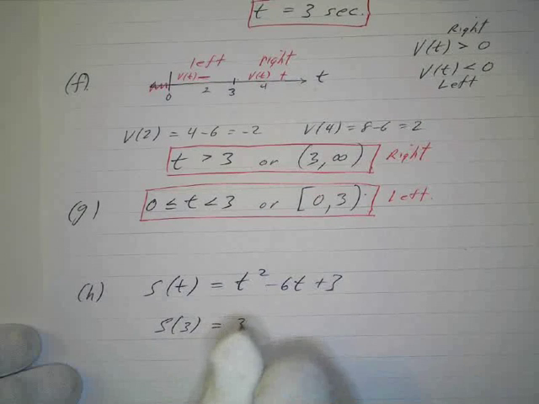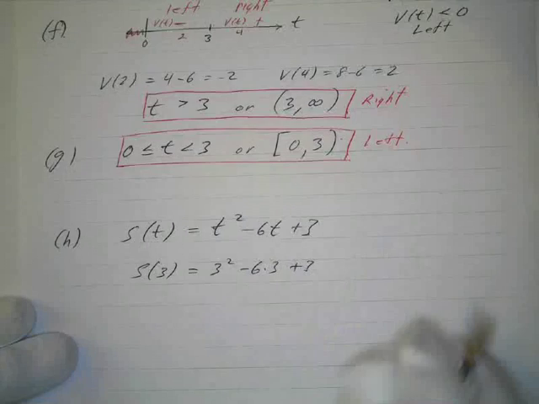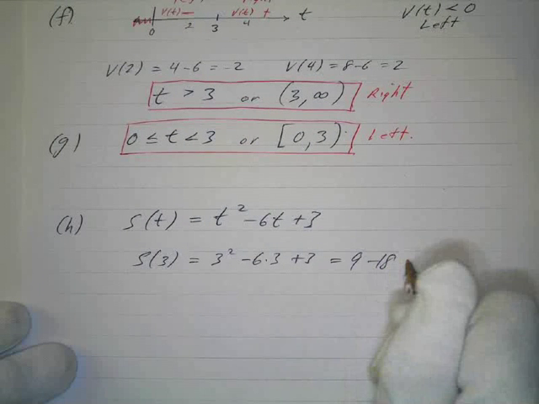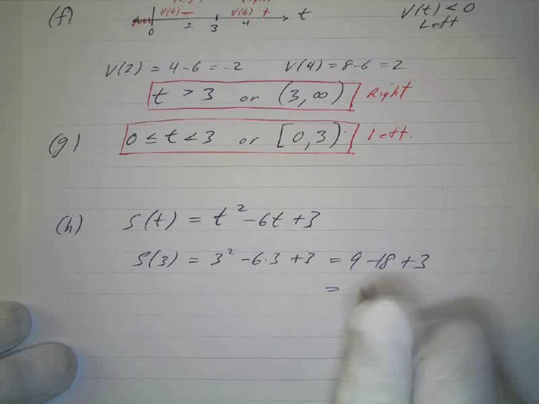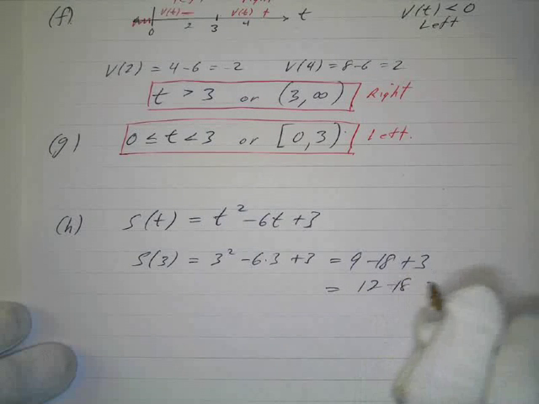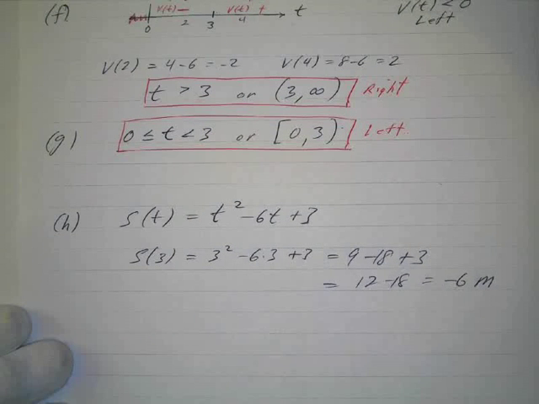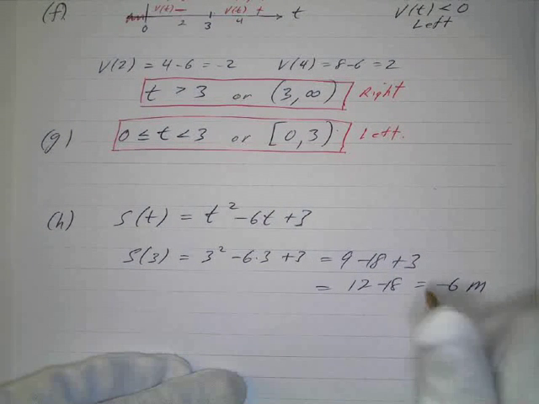That equals 3 squared minus 6 times 3 plus 3, which equals 9 minus 18 plus 3, which equals 12 minus 18, which is negative 6 meters. So I'm going to be at negative 6 meters. That's where it changes direction. That's where it stops.